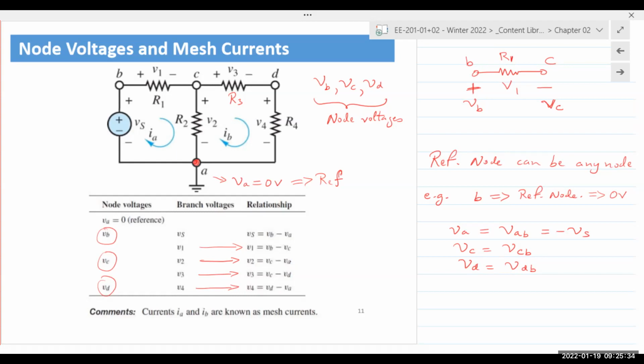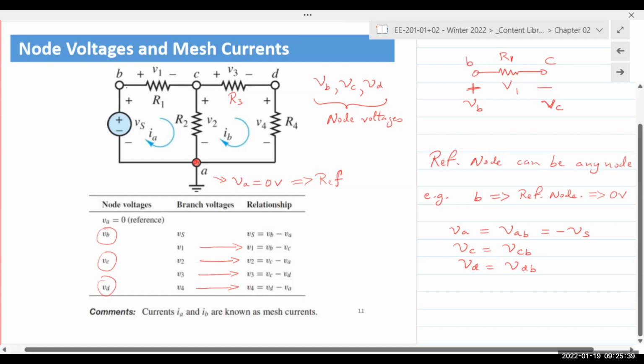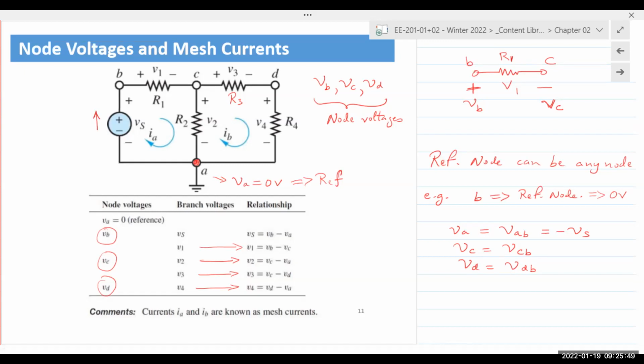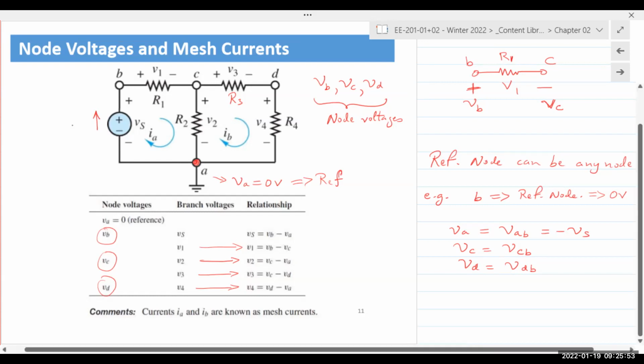For mesh current analysis, it's a little different. You're all familiar with branch currents, right? So a current that flows through a particular branch of a circuit is known as the branch current. These are the actual currents that are flowing in a circuit. So for Vs, I could say maybe the current flowing through Vs is Is.